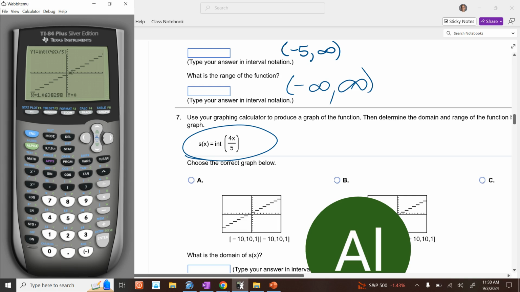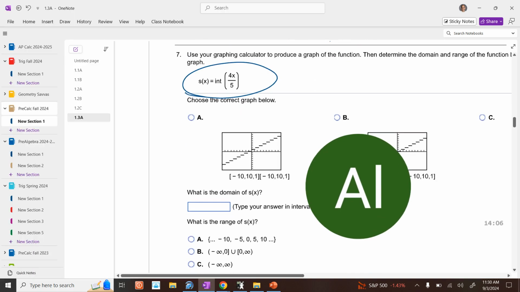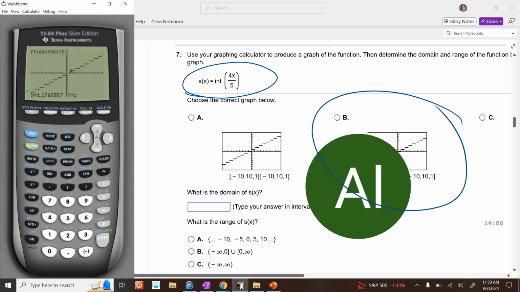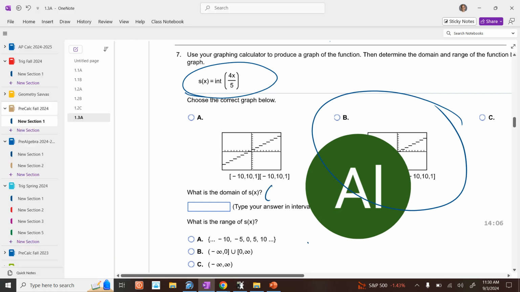Or actually it's 1.25 that it jumps up. So it looks like B. Okay. So the domain, can you put any number in there? Does it go everywhere from the left to the right here? Yeah. So it's negative infinity to infinity.